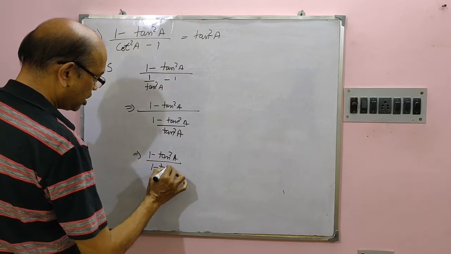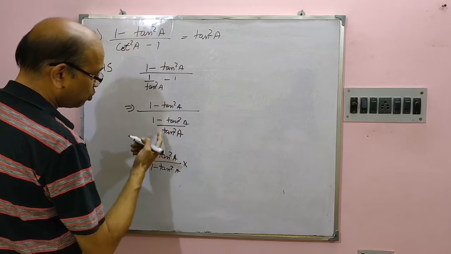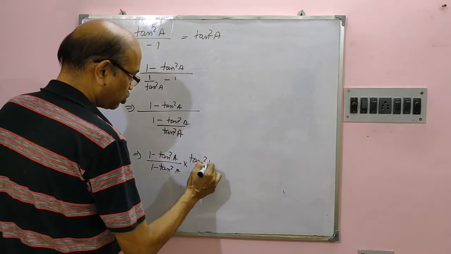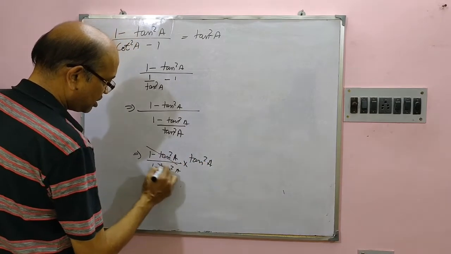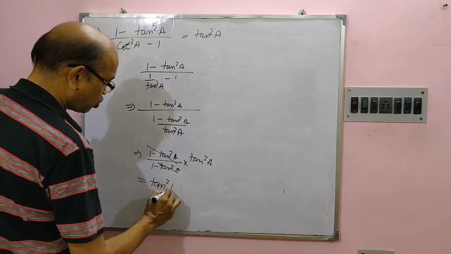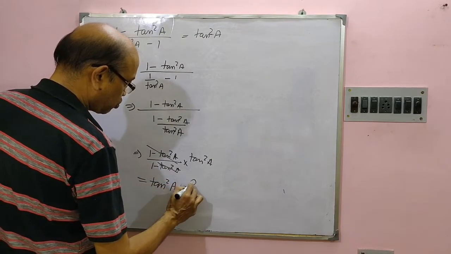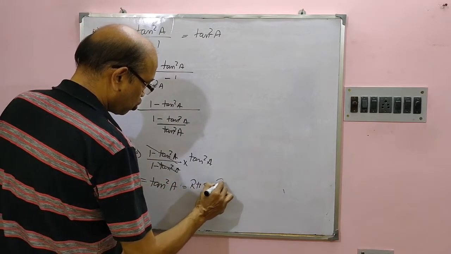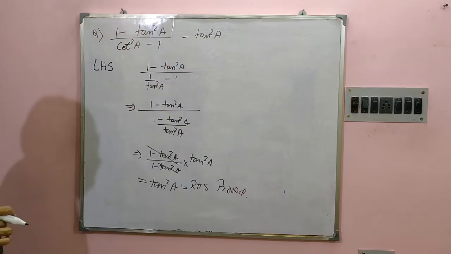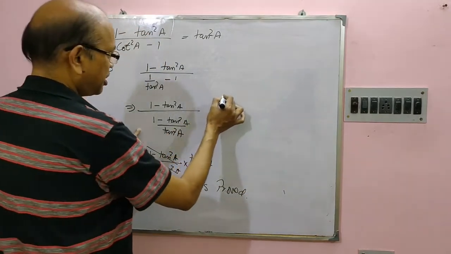which is equals to 1 minus tan square A by 1 minus tan square A into this tan square will come up here into tan square A. This thing gets cancelled here. We are left with tan square A, which is equals to RHS, proved. Just let me clarify here.